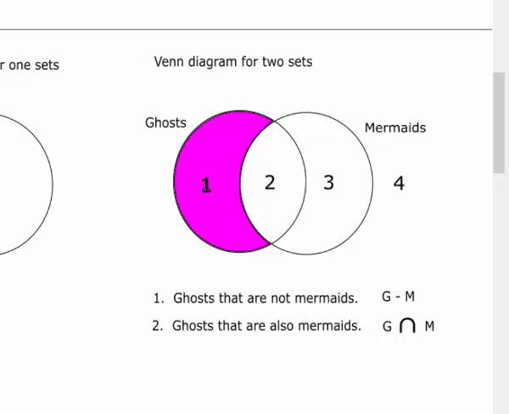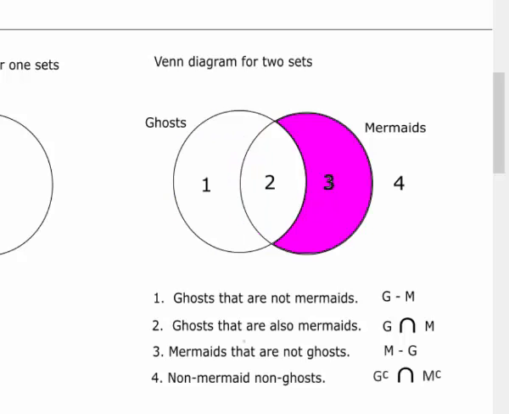It's the difference, G minus M. Meanwhile, region 3 represents M minus G. In other words, mermaids that are not ghosts. And then we have the region outside any of the circles, region 4. Things belong here if they are neither ghosts nor mermaids. We don't have words for such things collectively, other than to say, rather artificially, they are non-ghost, non-mermaids.